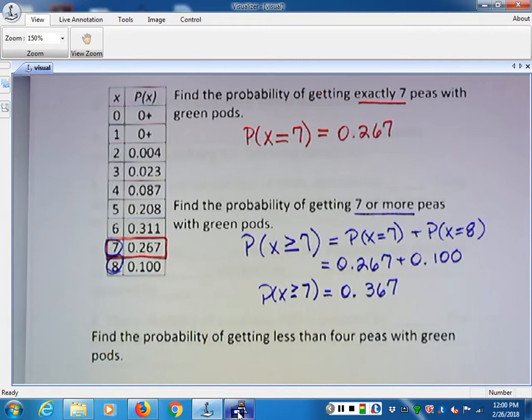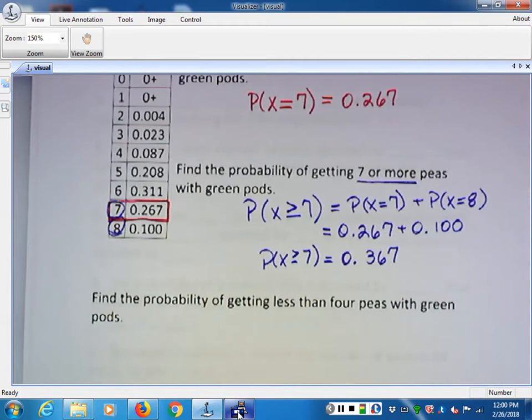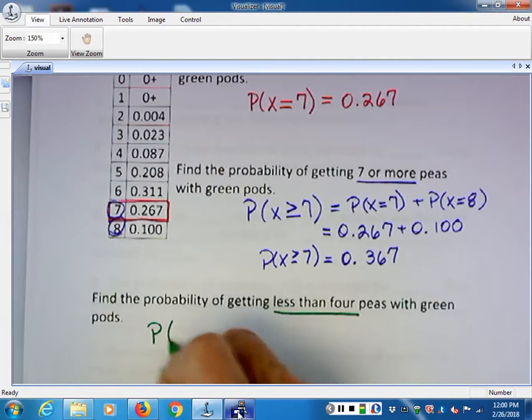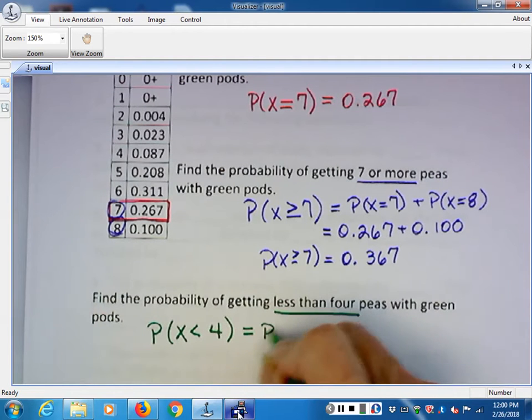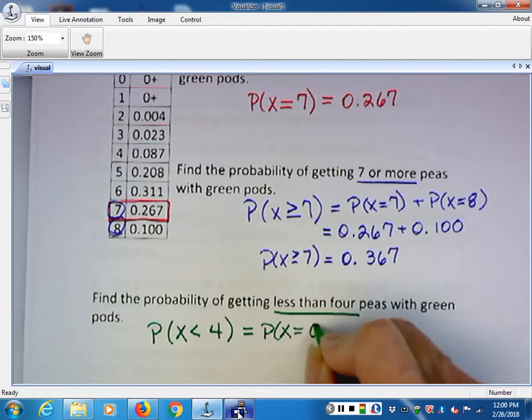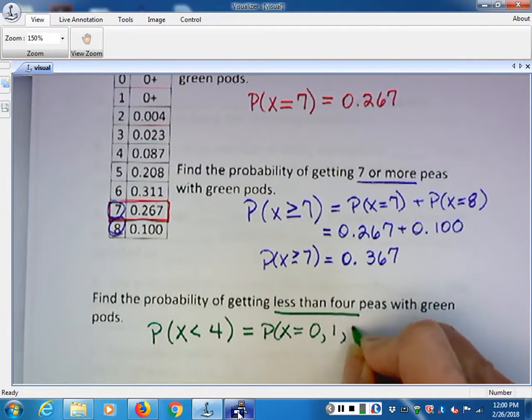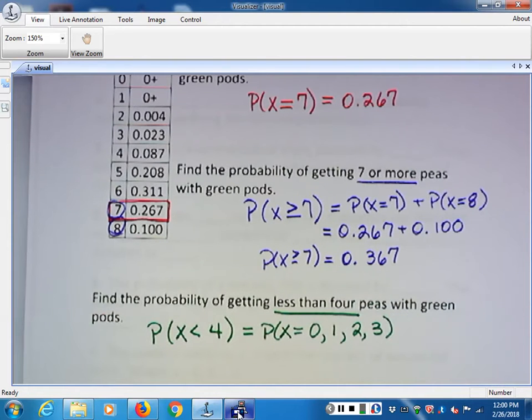And then our last question for that page says find the probability of getting less than 4. Okay, the probability of x being less than 4 is the probability that x equals 0, 1, 2, or 3. So we would add all those probabilities together.